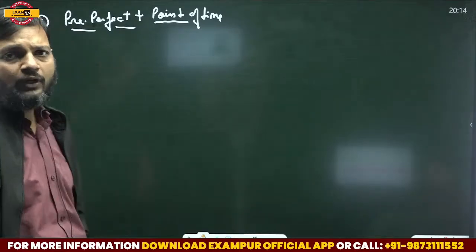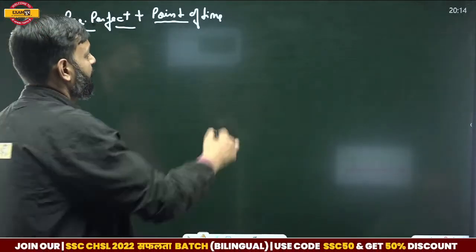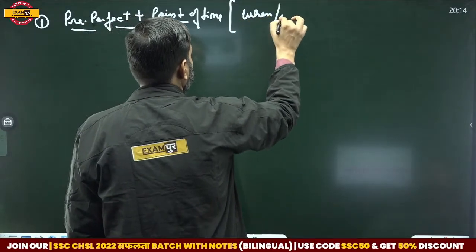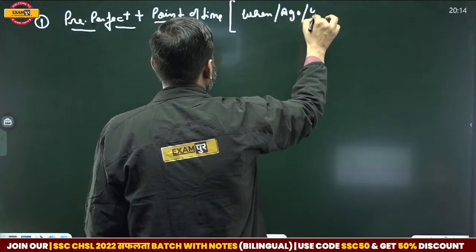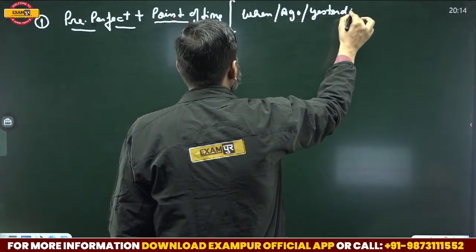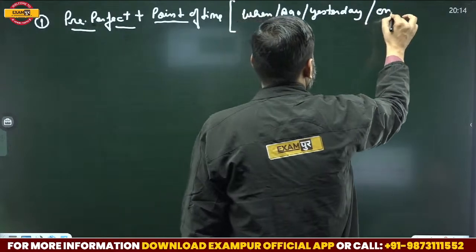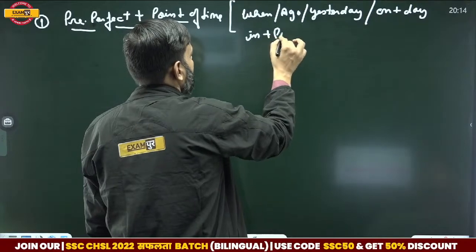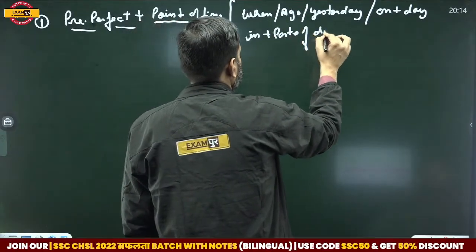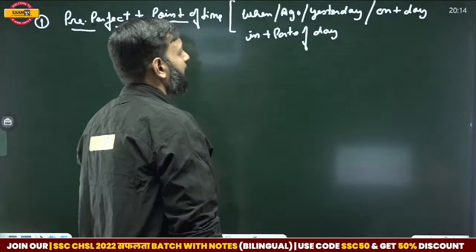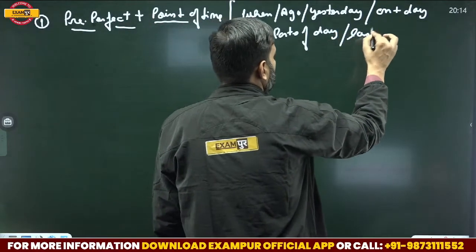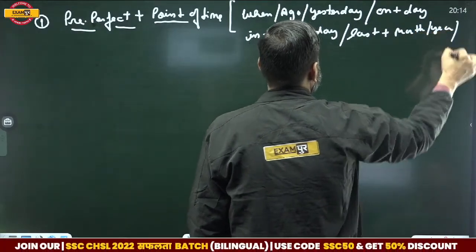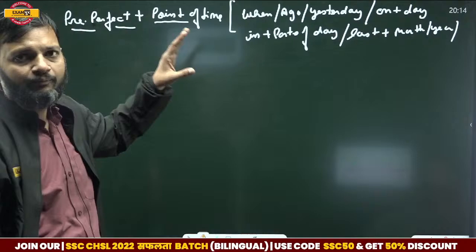Now, what are points of time? Points of time include when, ago, yesterday, on plus day, in plus parts of day, last plus month, year, etc. So all these are points of time.